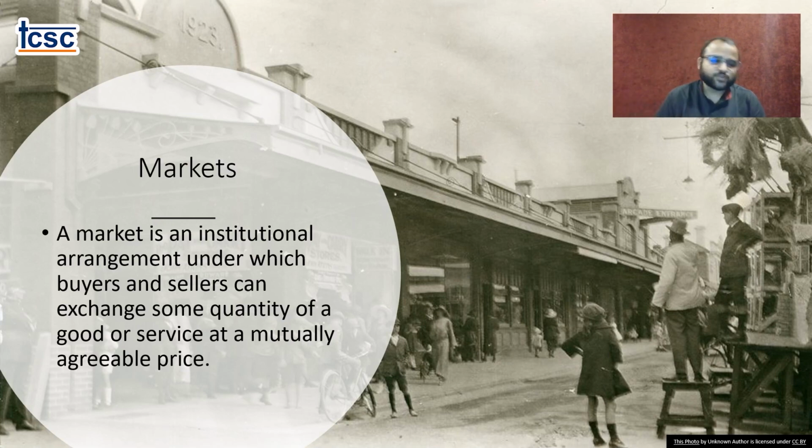Now, let's come down to markets. Market as a structure is very interesting because it brings together two important parties, the buyers as well as the sellers. They intend to go forward and sell a product at a price and at some quantity. Most importantly, an agreed price and quantity of goods which are bought and sold.